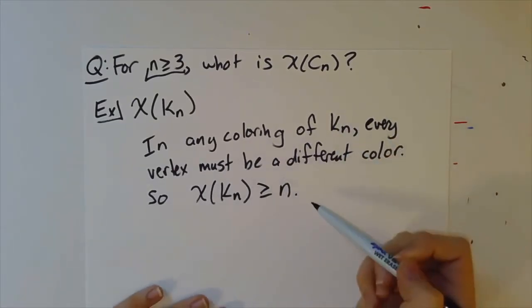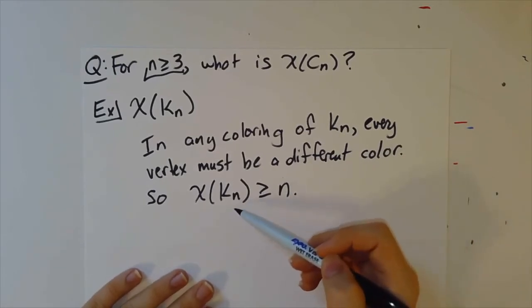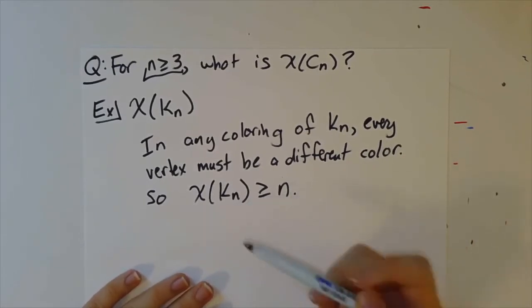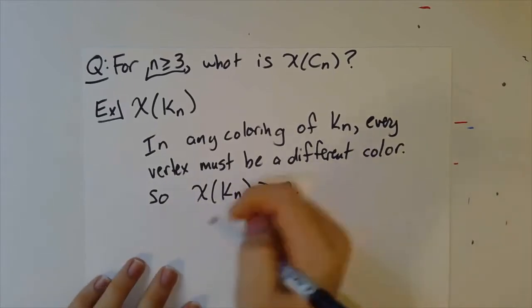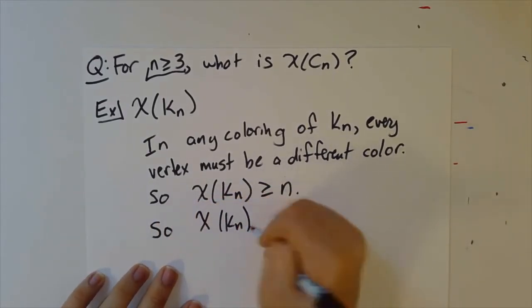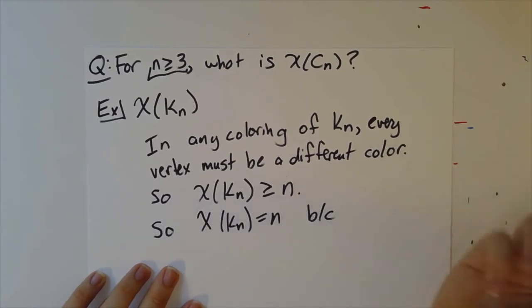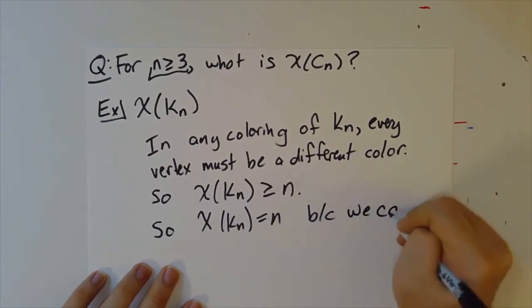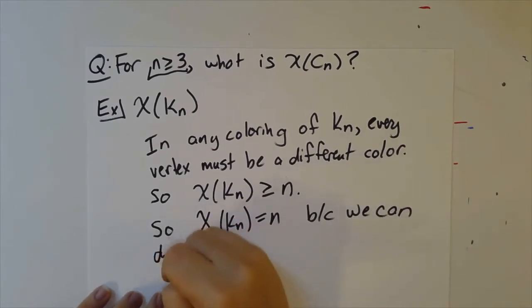On the other hand, there's only n vertices, so I can definitely color it in n colors. So that means chi of K_n is n, just because we can definitely color it in n colors.